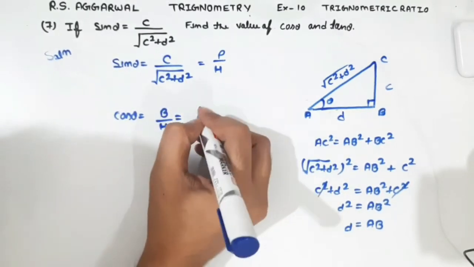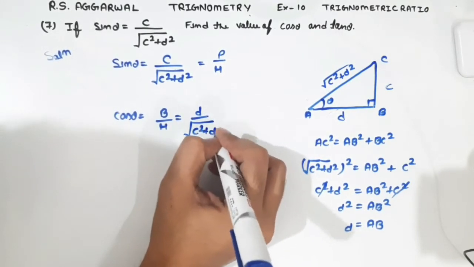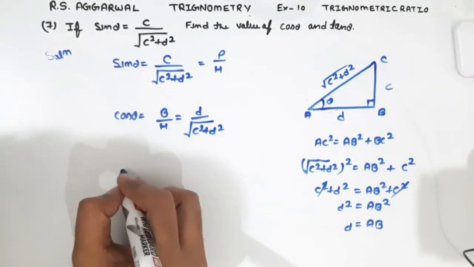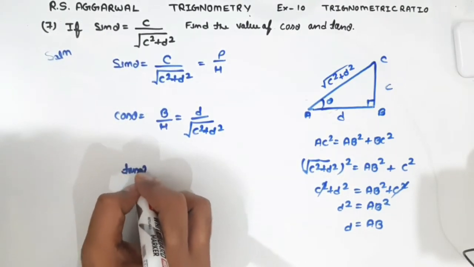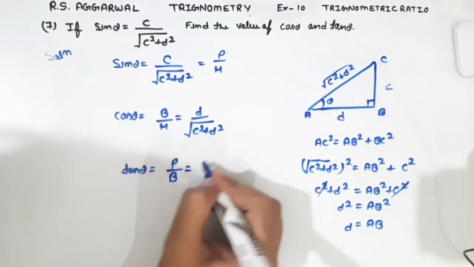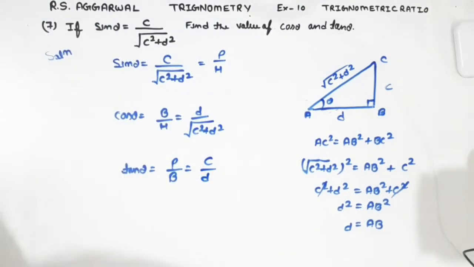So base is D and hypotenuse is under root C square plus D square. Then we have to find tan theta, that is given by perpendicular upon base. So our perpendicular is C and base is D. So that is C upon D.